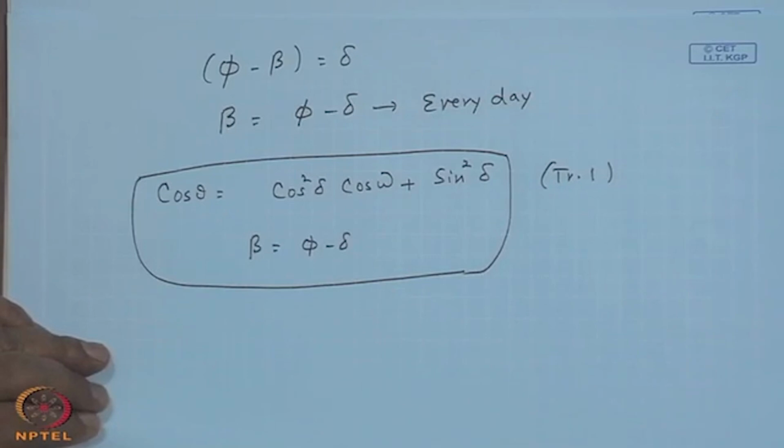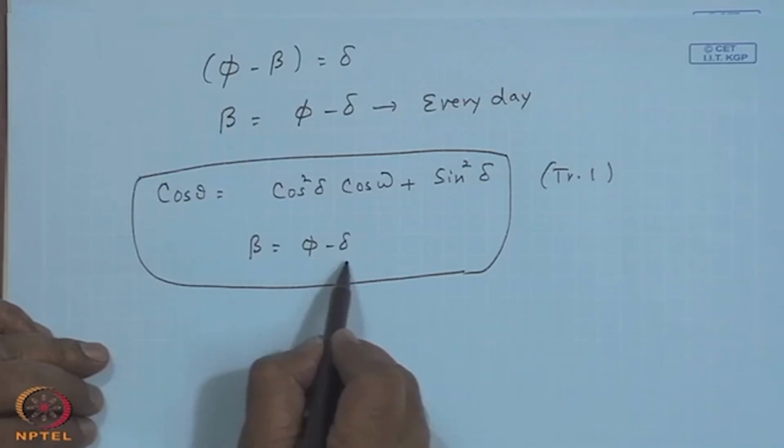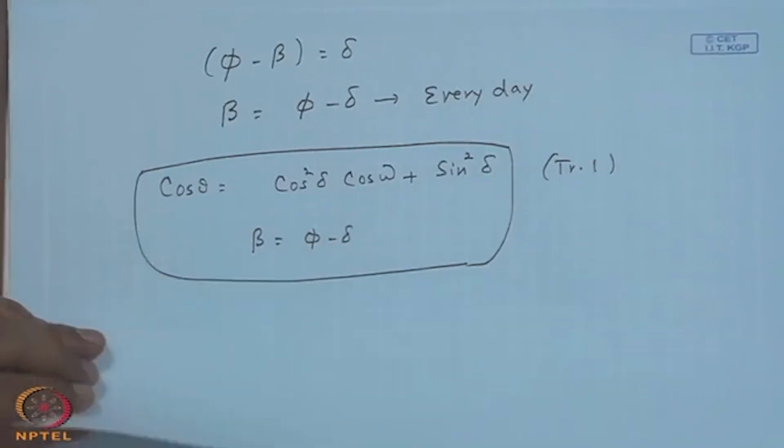So, in that sense you will not have complete information about the tracking mode, but this is basically to tell that the aperture plane should have a slope given by phi minus delta, then cos theta is given by this expression.